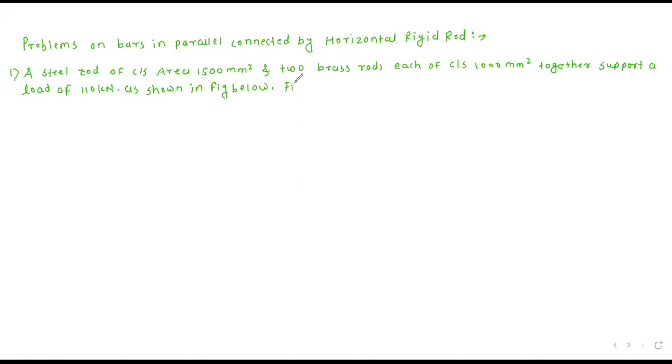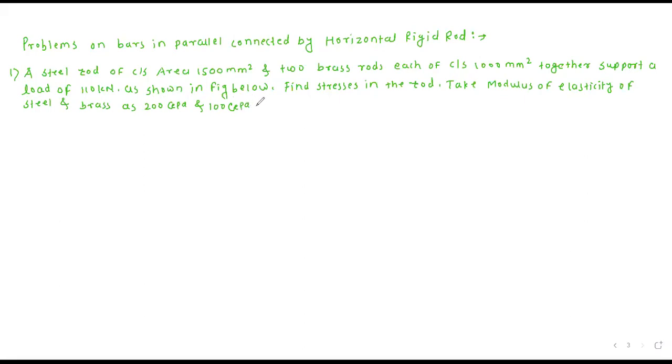Find the stresses in the rod. Take the modulus of elasticity of steel and brass as 200 GPa and 100 GPa respectively.